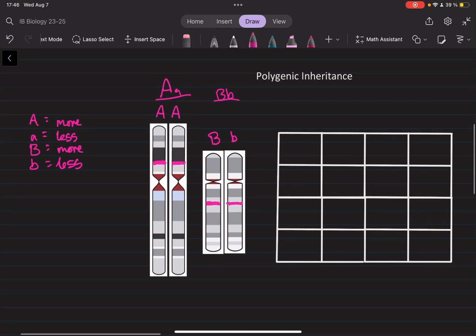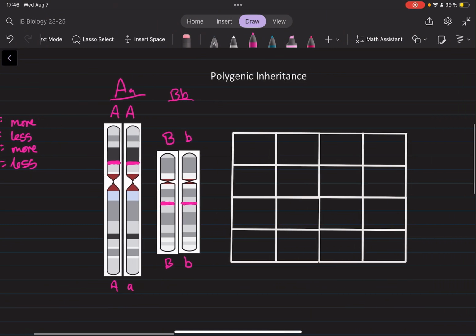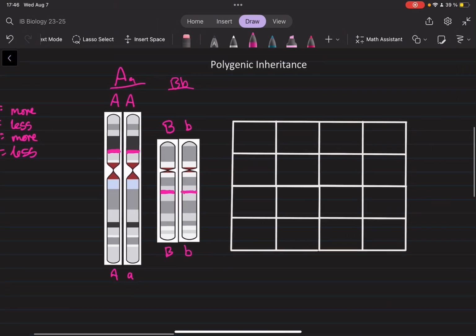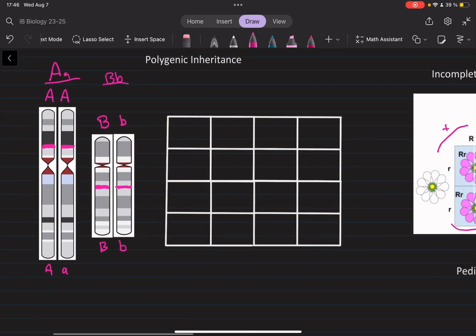So let's say we've got another person and they've got big A, little a, and then big B, little b. Now this gets more complicated on how it's supposed to be plotted out. But for standard level, I don't think you'd need to do this type of crossing over. I think you just need to understand what that means. So I'm going to do it quickly off to the side.